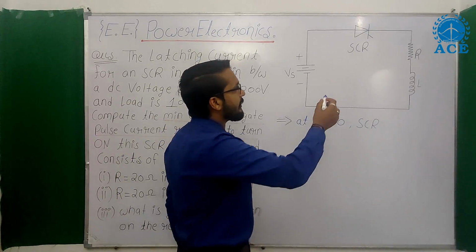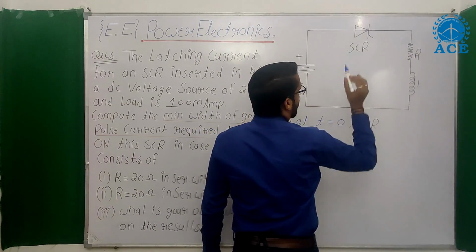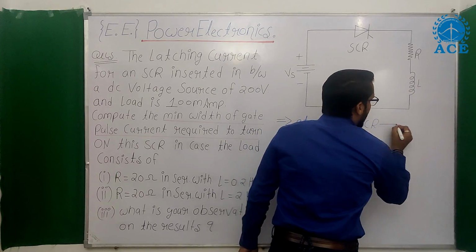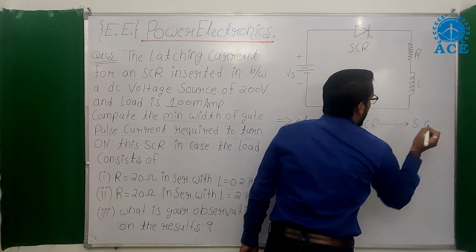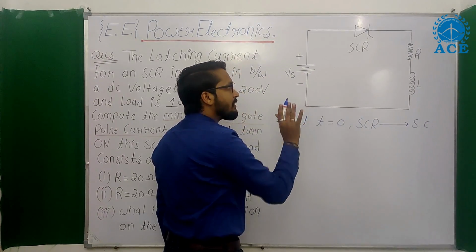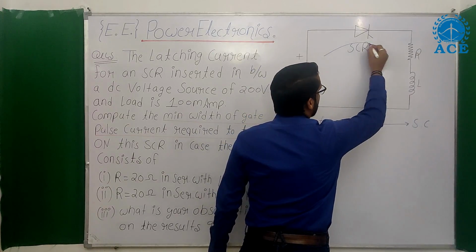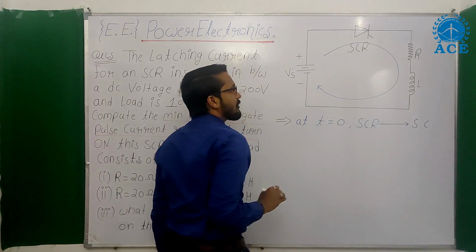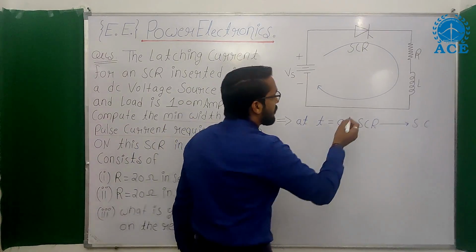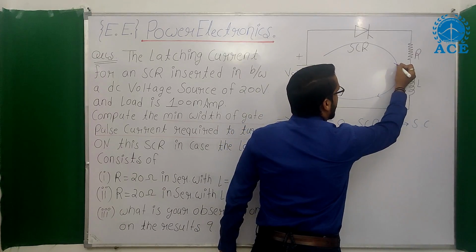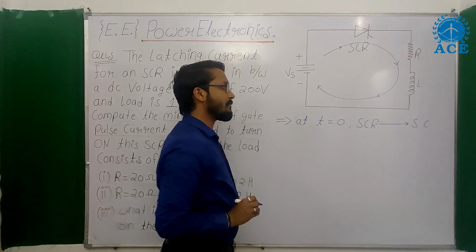So we are considering the SCR as a short circuit. If the SCR is behaving as a short circuit, the circuit is now closed, and the current is going to circulate in the circuit in this manner.